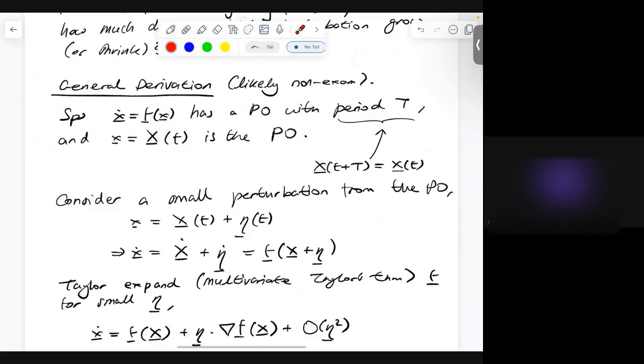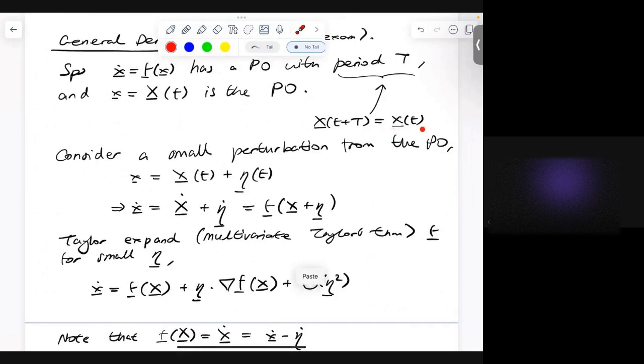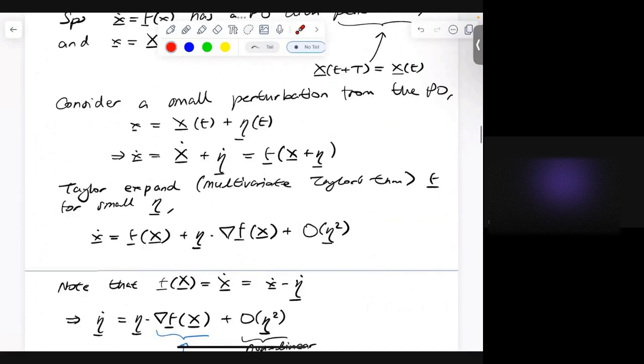So suppose we have some initial value problem, the system with a PO with period T, and let's say that we write the PO as big X of t. By period T, that just means that if you go around by one period, you end up at the same point. So we'll consider a small perturbation from the PO.